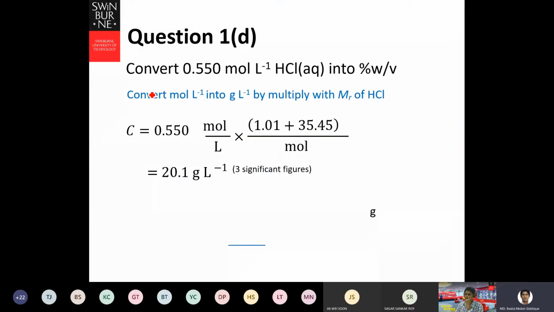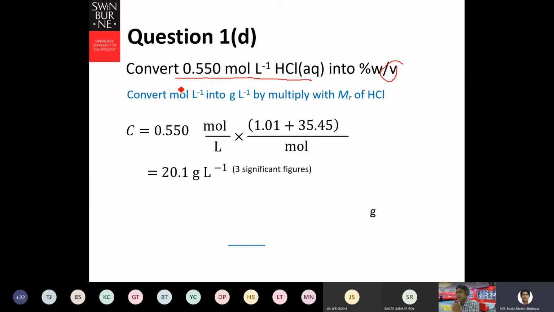Question 1D says convert 0.55 mole per liter HCl into weight by volume percentage. So here it is moles of HCl, 0.55 mole per liter, that means the molarity of the HCl is 0.55.